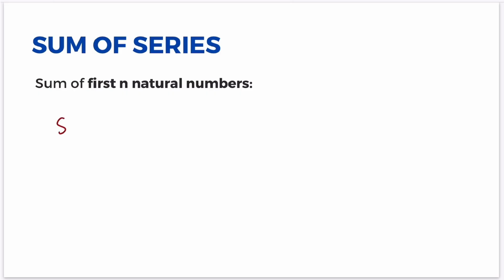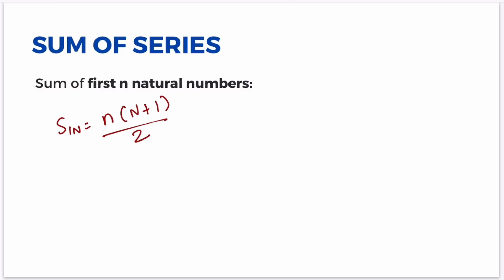The formula was sum of first n natural number is n into n plus 1 by 2, right? We used this formula and solved a previous year question in the last video, where we saw that the sum of the first 20 pages was 210, the remaining pages were 195, you are left with 15, and that is how you solve the question.